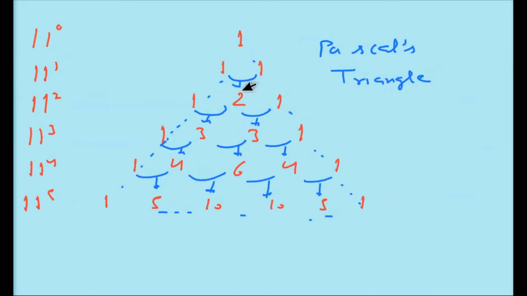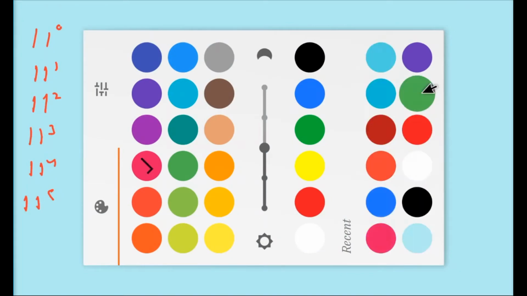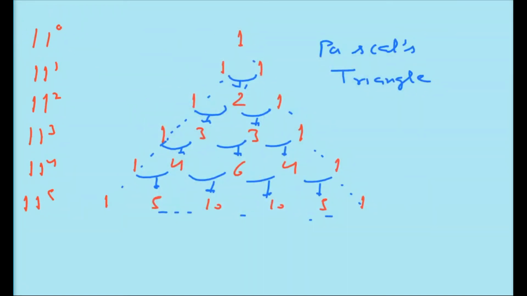How I have described this triangle, have you understood this? So you can write 11 to the power 6 again and again, 11 to the power 7 and so on. Now the third point I will tell you now.